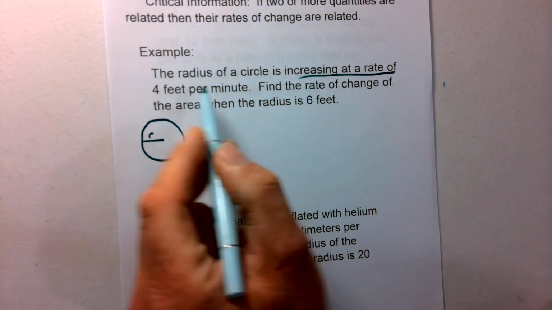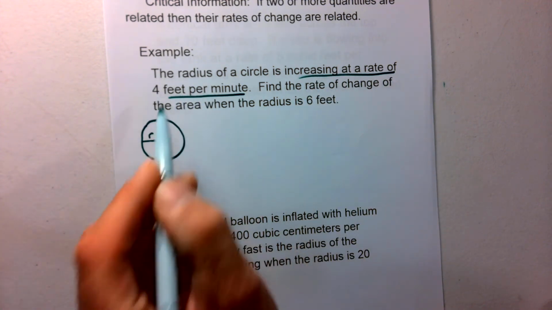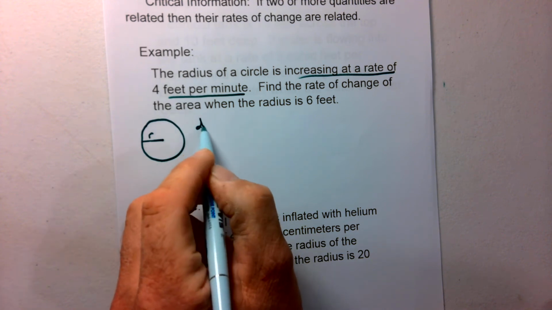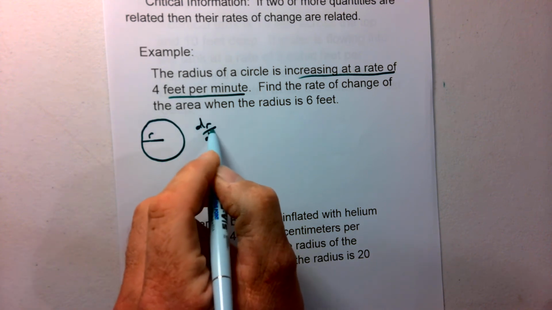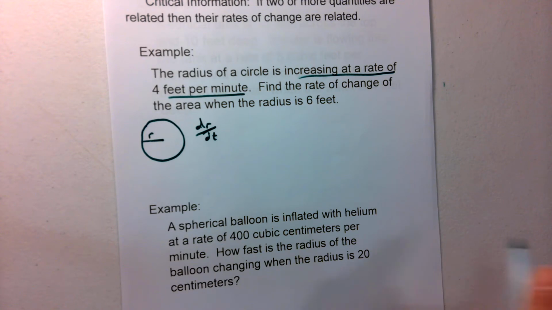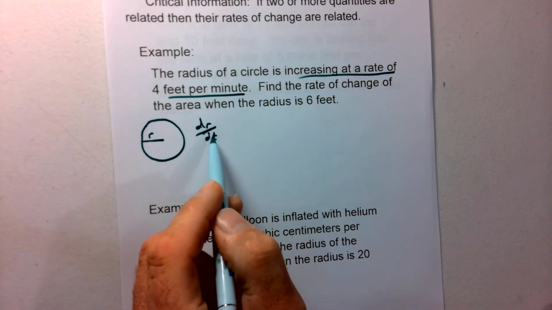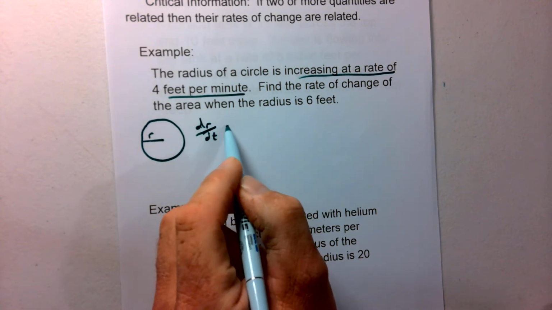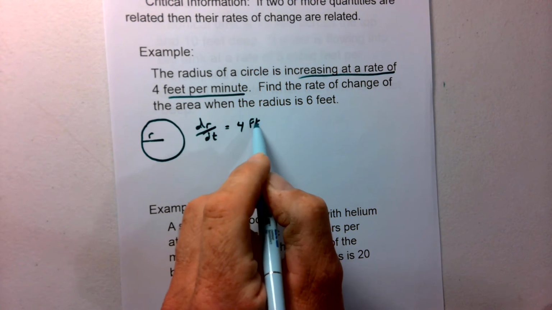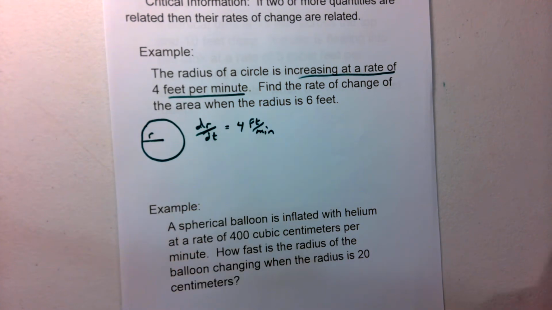we're increasing at a rate of 4 feet per minute. They're giving us a rate, and they're telling us that the radius is changing over time, and the rate in this case is 4 feet for every 1 minute.